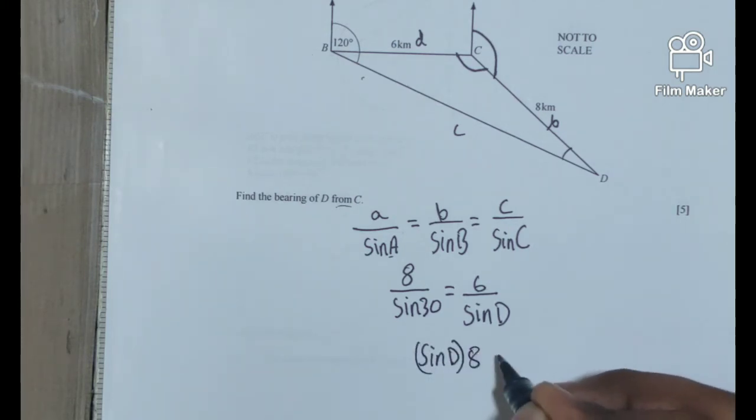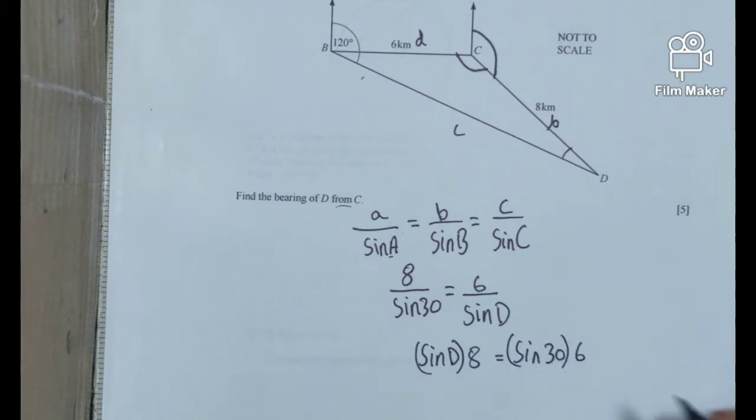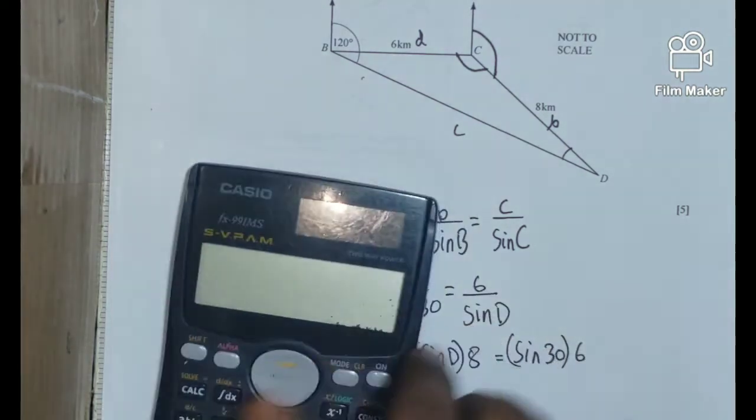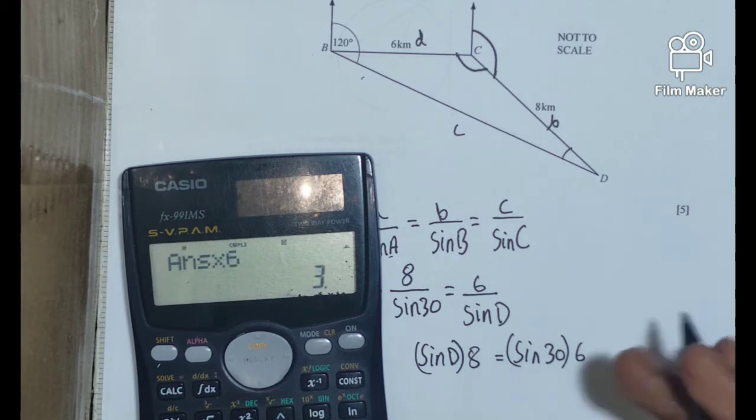So sine D into 8 is equal to sine 30 into 6. If we put it on our calculator, sine 30 is 0.5, into 6, which is 3.